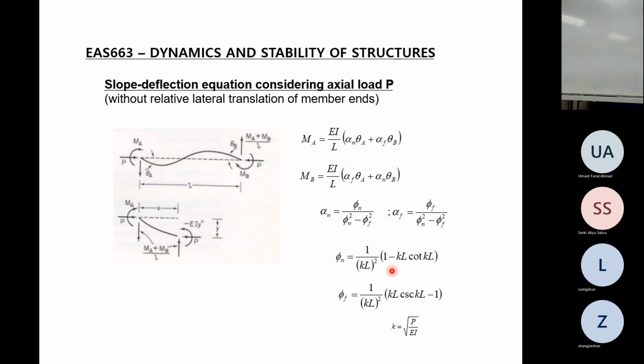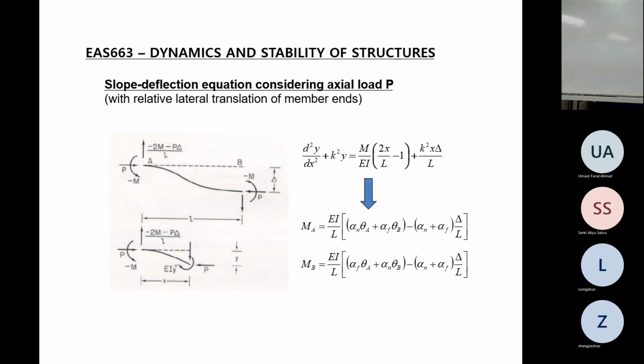And KL can also be related to the actual load acting over the P critical. So KL actually has the information about P critical. When we solve later, we solve for KL first, and then from KL we get the P critical. So K is the square root of P over EI, which you should be very familiar with now.